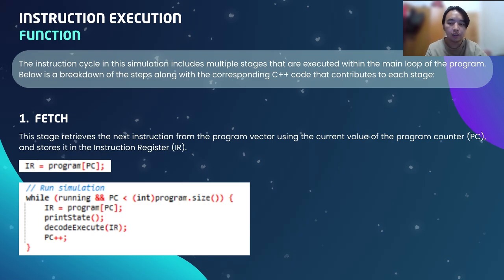So there are actually 4 functions: the fetch, the decode and execute, the print state, and the advance program counter. So the first one, fetch, this stage retrieves the next instruction from the program vector using the current value of the program counter PC and stores it in the instruction register, which you can see from the while loop below.